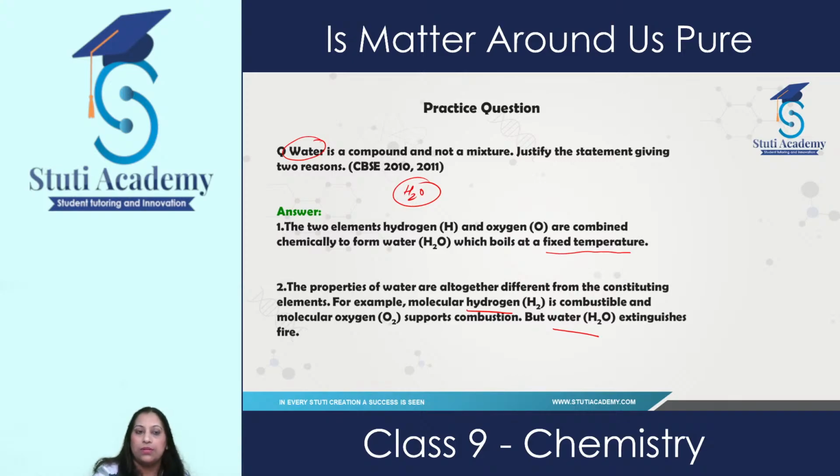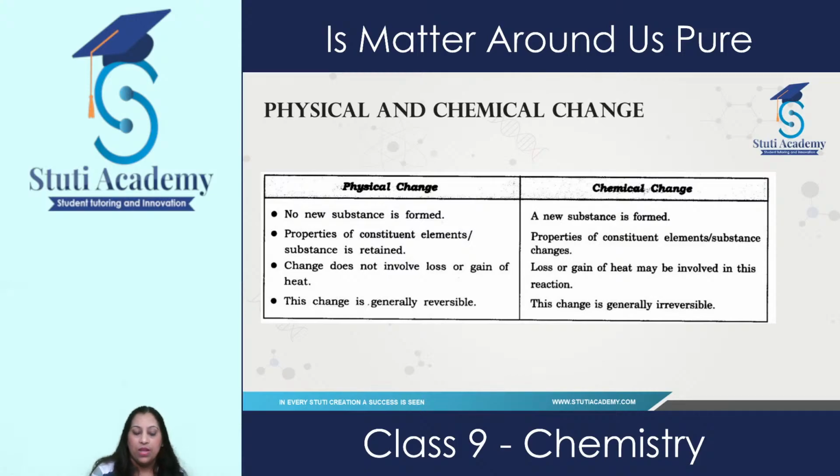Now, after this, physical and chemical changes. See, there are 2 main types of changes that take place: physical changes and chemical changes. How they are different from each other, let's see here. In a physical change, no new substance is formed.